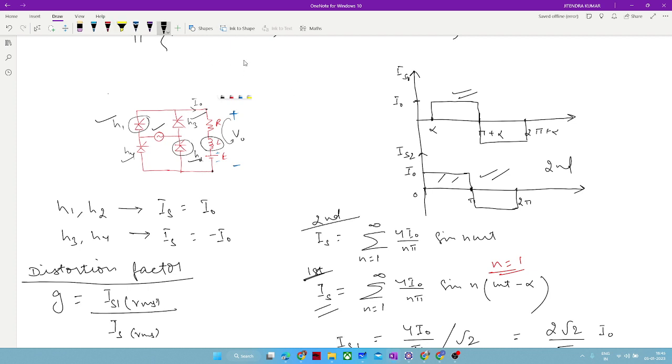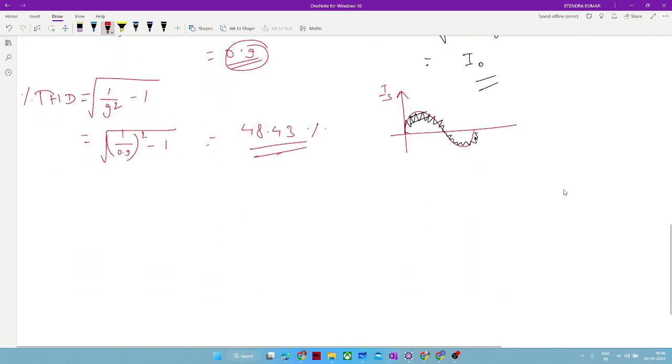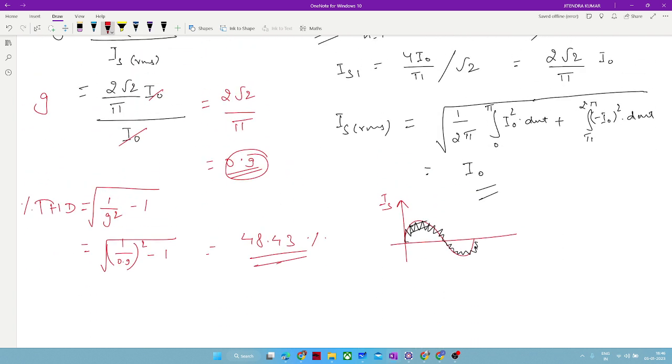You just need to apply KVL: V naught is equal to I naught R plus E. You could include L di by dt, but over one time period, or in the average sense, it falls back to zero, so you may ignore it, and basically you should ignore it. So your V naught will be I naught R plus E. Any doubt?